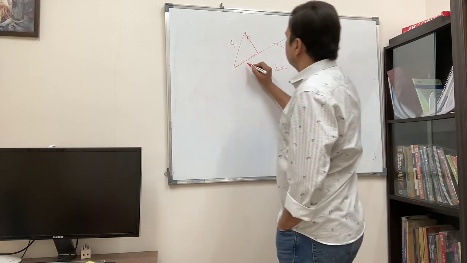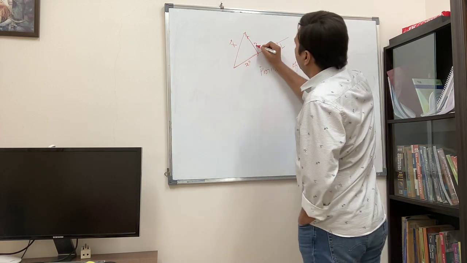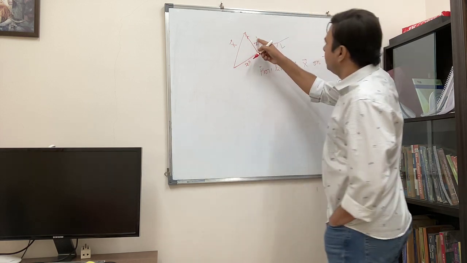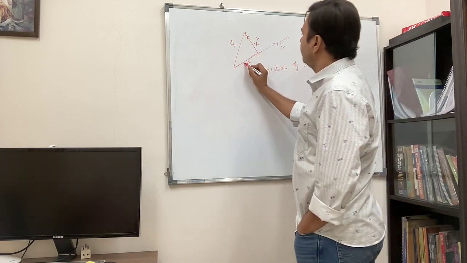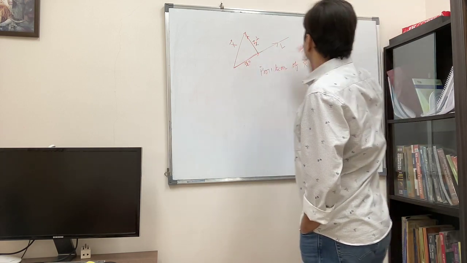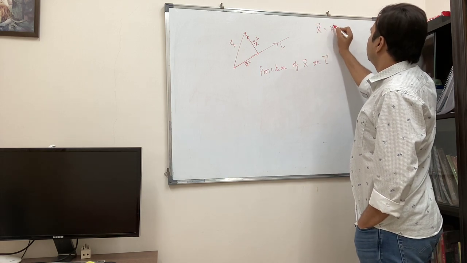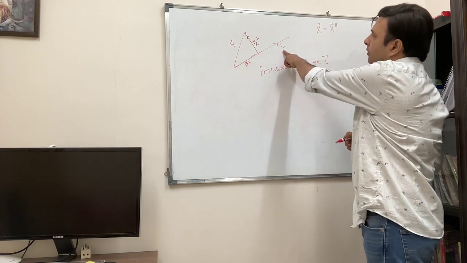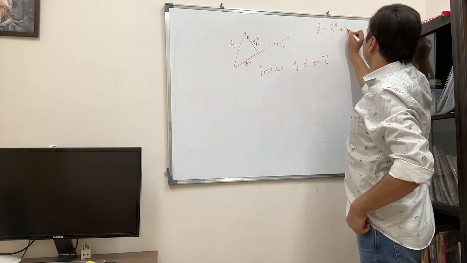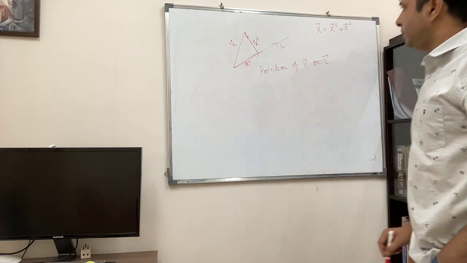So I can say it is x parallel and x perpendicular. This symbol denotes perpendicular and this symbol denotes parallel. So basically x can be written as one vector which is parallel to the given line, and another vector which is perpendicular to the given line. I can always represent it like this.